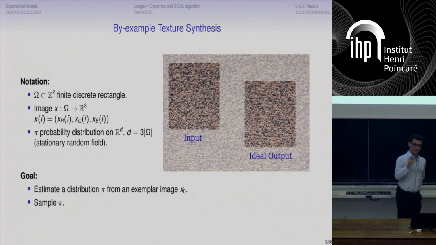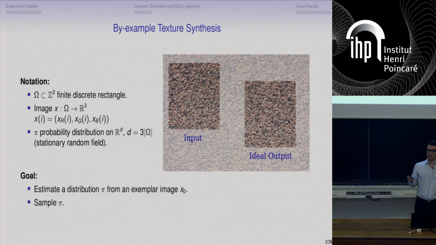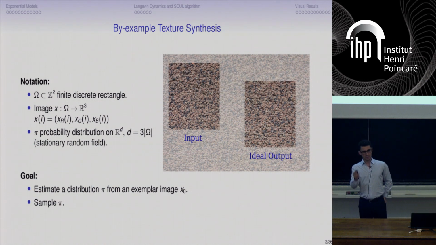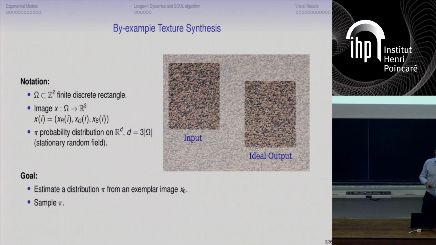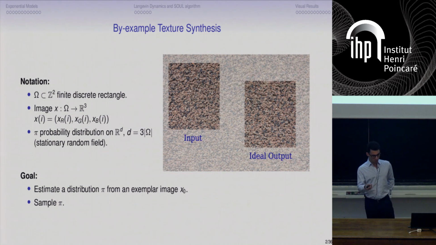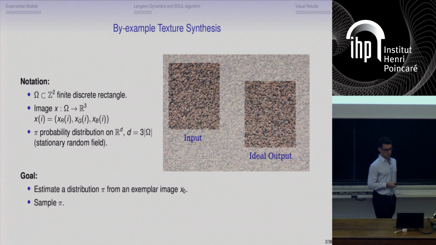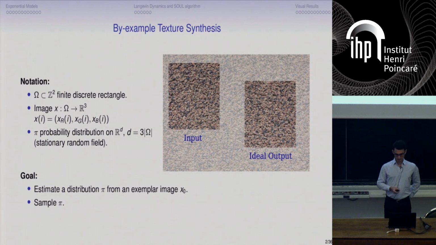With this stochastic framework, you can formulate texture synthesis in two steps. A first estimation step, where you try to infer the probability distribution pi from one single exemplar image x0, and a synthesis step, which consists in drawing a random sample of the probability distribution pi.